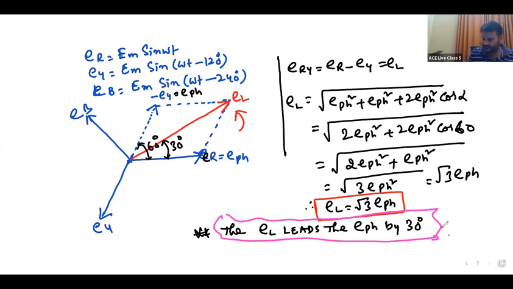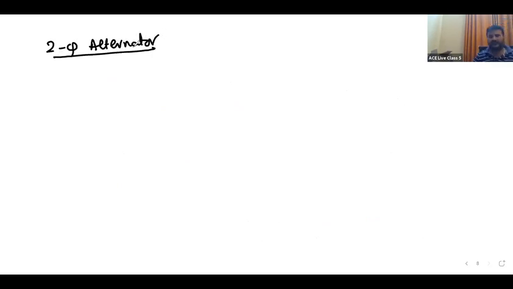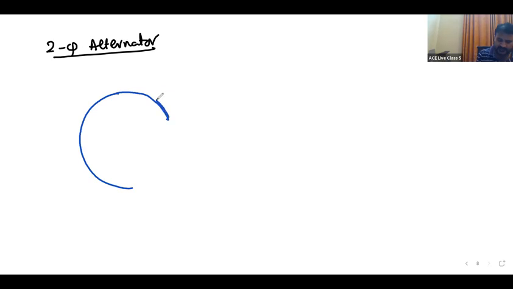For a two-phase alternator, the two phases can be kept at 90 degrees apart.